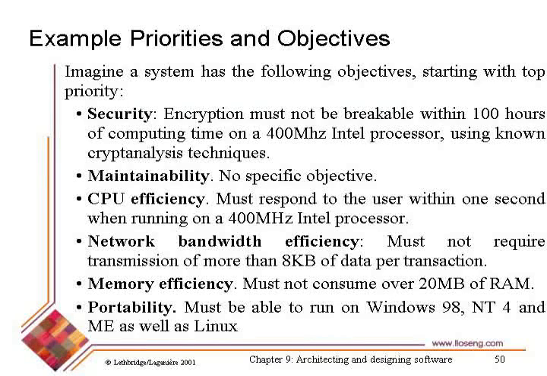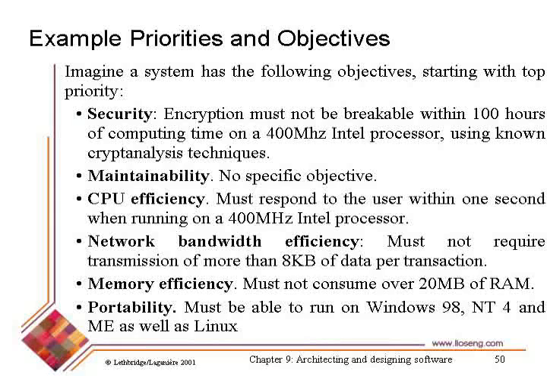So if a hacker's going to spend 100 hours hacking, they won't be able to damage anything that's going on here. Now, obviously, this slide was put in a few years ago, so we have to adjust these things now. 400 megahertz is a bit passé, so I might have to improve my security constraints now. But anyway, we've tried to quantify it in some way, and so I'm putting that as top priority.